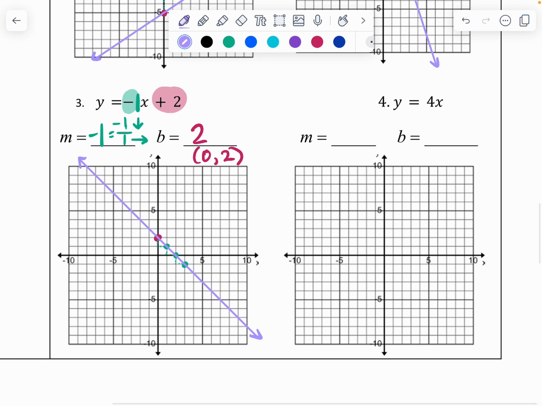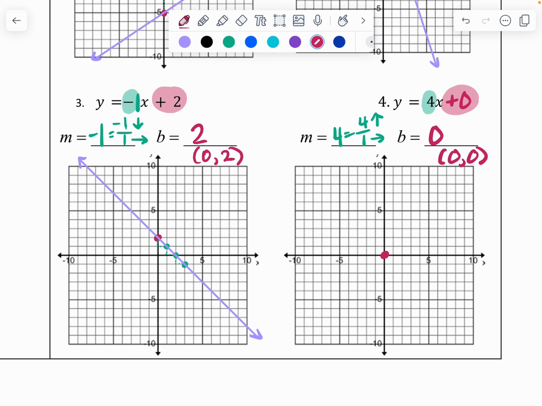Number 4, y equals 4x. So m is 4, or 4 over 1. We're going to be going 4 up and 1 to the right. B, where is B? There's nothing there. If there's nothing there, we're going to pretend it's plus 0. So B is 0, which means my y-intercept is at 0, 0, the origin.